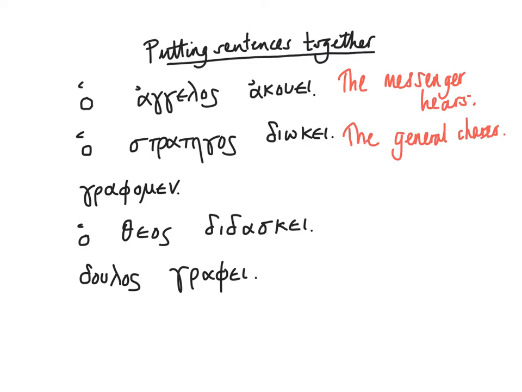Graphomen, a one-word sentence. You don't need two words because the ending tells you who's doing the verb. The omen ending means we. Well done if you've learnt that already. Grapho, think graphite, graphy, we write. You could put we are writing, by the way.